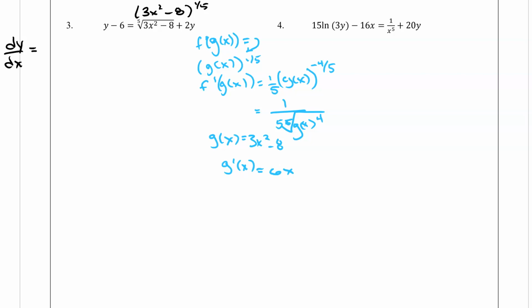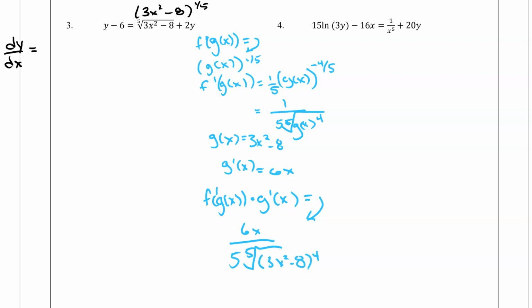We multiply these two to get our answer. When you do that, you're going to end up with 6x over 5 times the 5th root of g of x to the 4th. g of x is 3x squared minus 8, to the 4th.